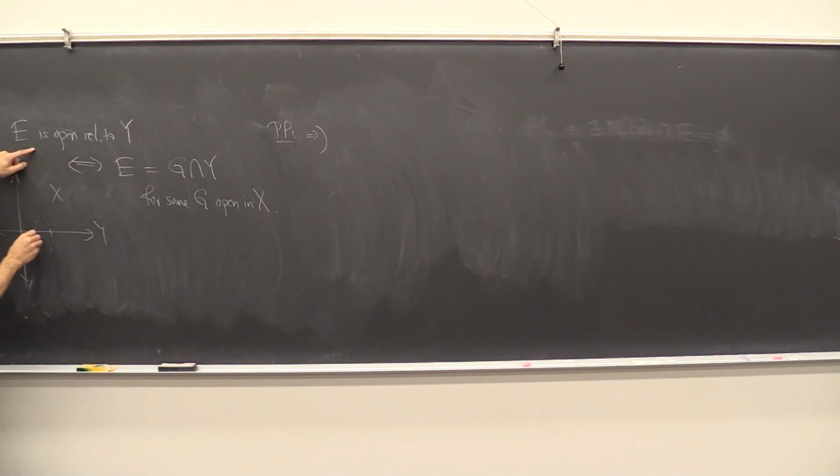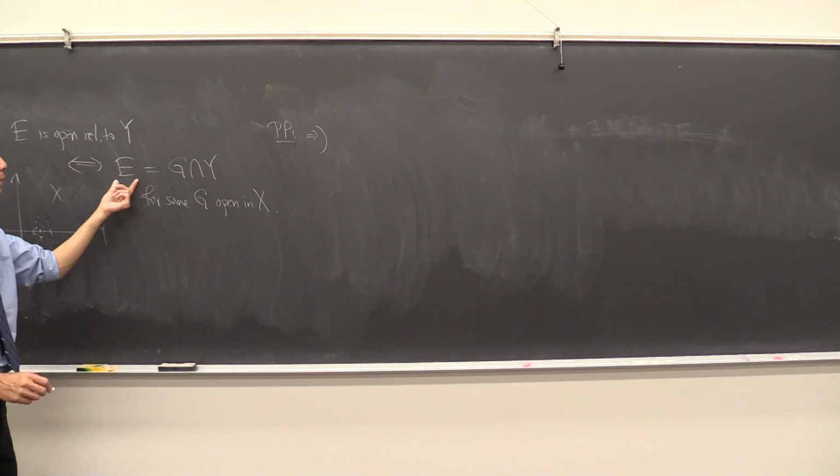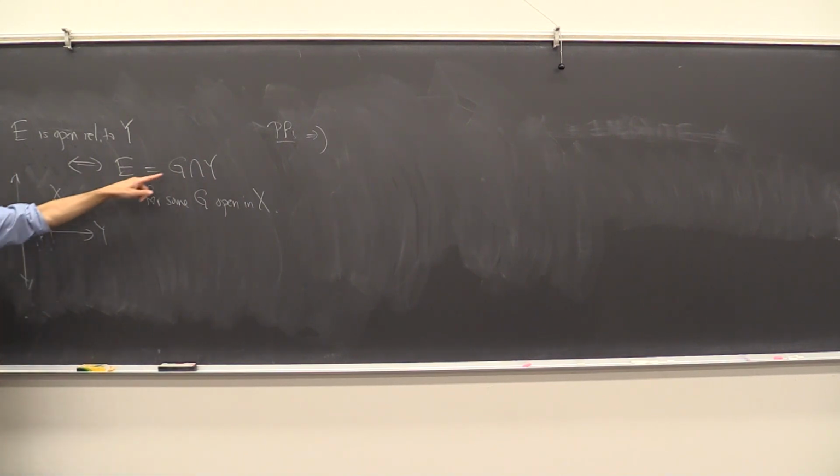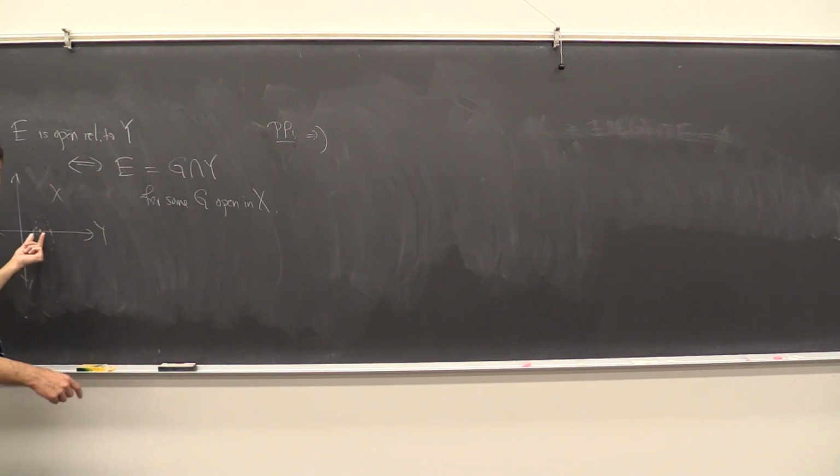Every one of your points is contained in the intersection of an open ball with the space. So we take all those balls and put them together, that's our G. When you intersect it with Y, you're going to get E.